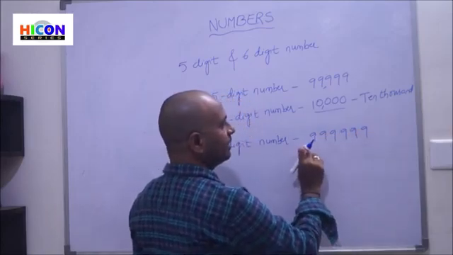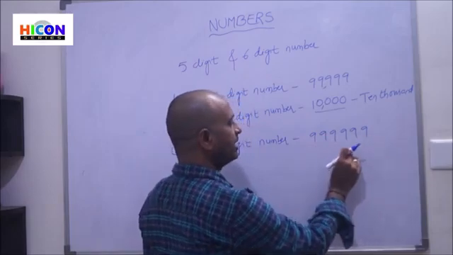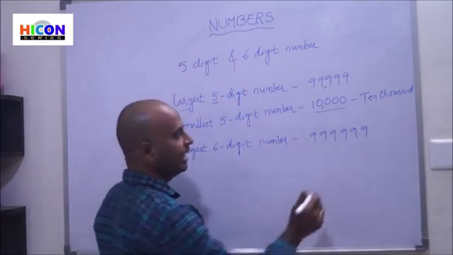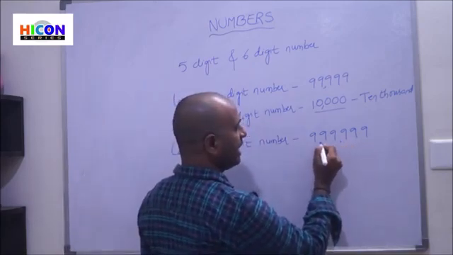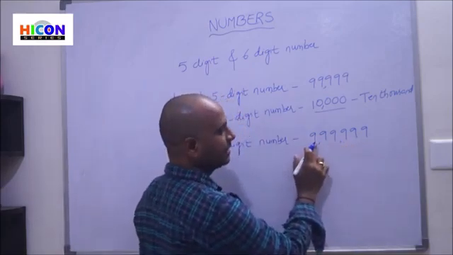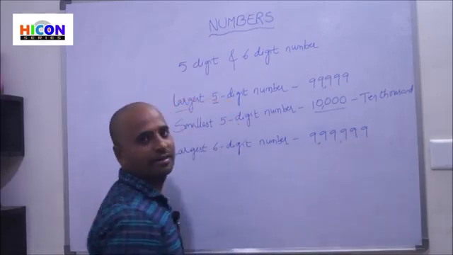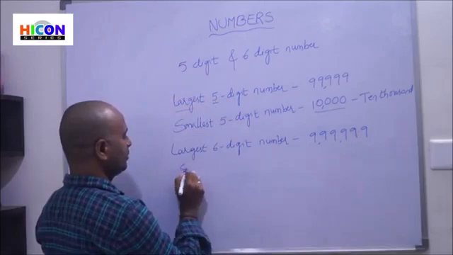This number becomes the largest 6-digit number and it can be read as 9,99,999.